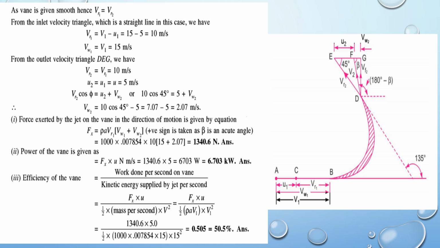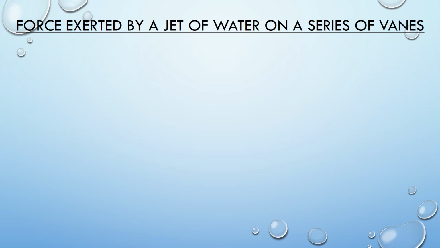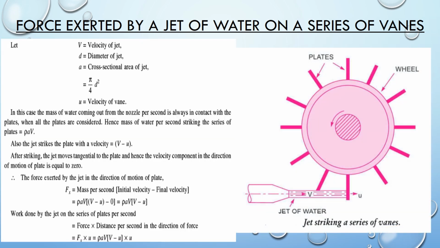Now coming to the next section, that is force exerted by jet of water on a series of vanes. So this is the figure showing a series of vanes or plates which are attached to a wheel, and as you can see in this figure, a jet of water is striking the first vane, and then it is being rotated, and suddenly the next vane comes in front of the jet of water, and this process continues.